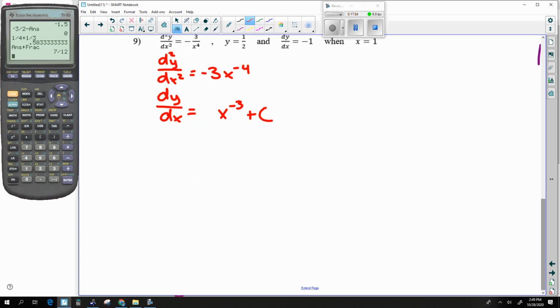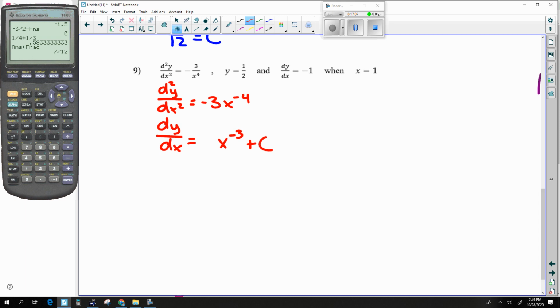So again, when we get the c, do your darndest to get rid of it if possible. So they give me a first derivative equal to -1 when x is equal to 1. So this is going to be 1/3 plus c. So that's going to be 1 minus 1, so this is -2.